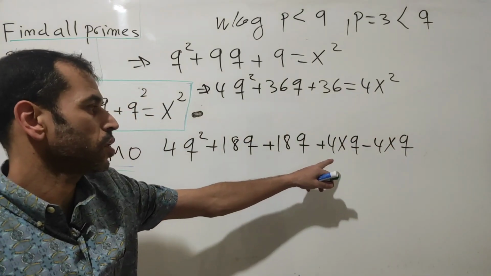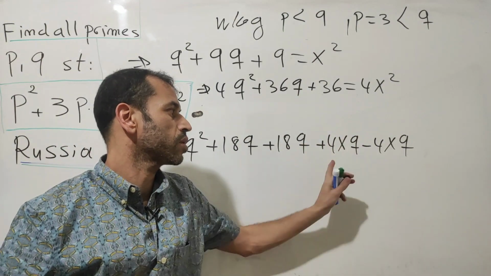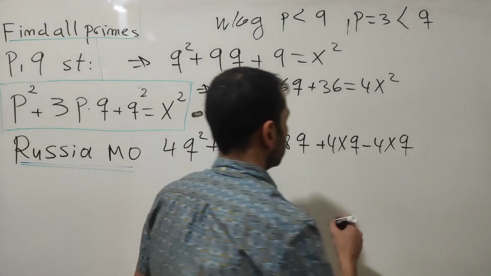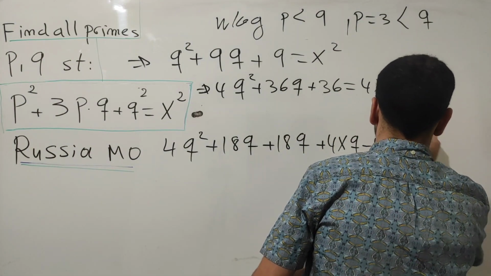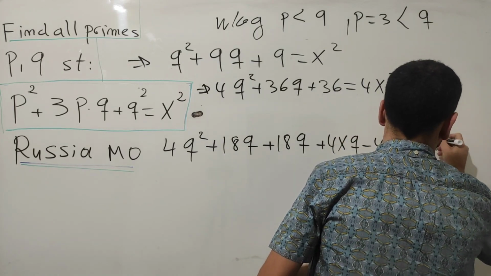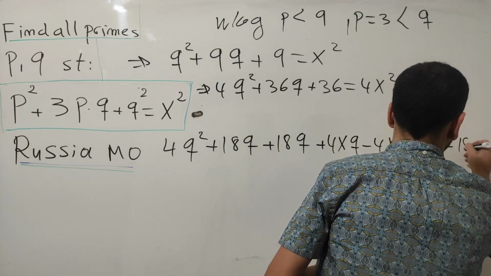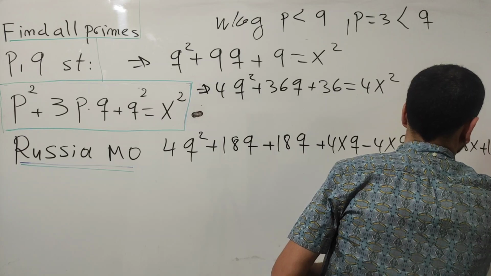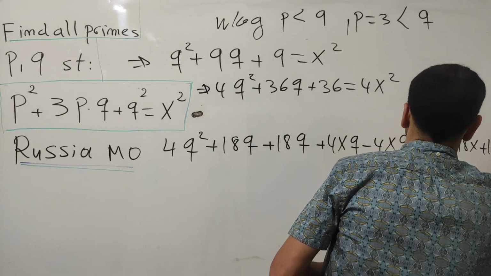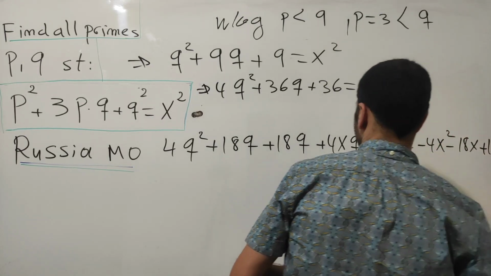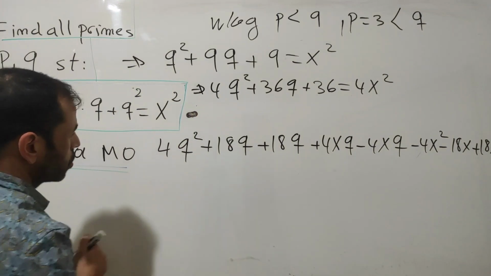Okay, this is adding 0, so I did nothing here. Minus this term, minus 4x squared minus 18x plus 18x, which equals 0.